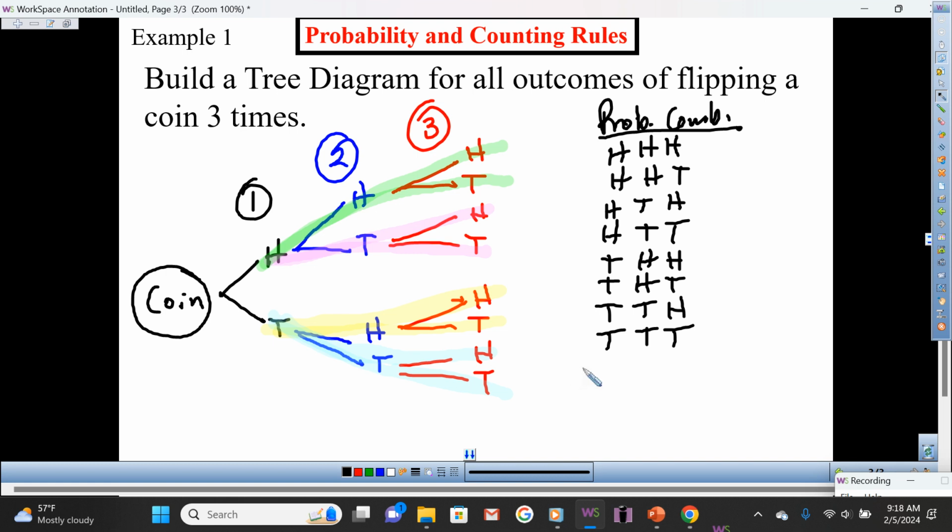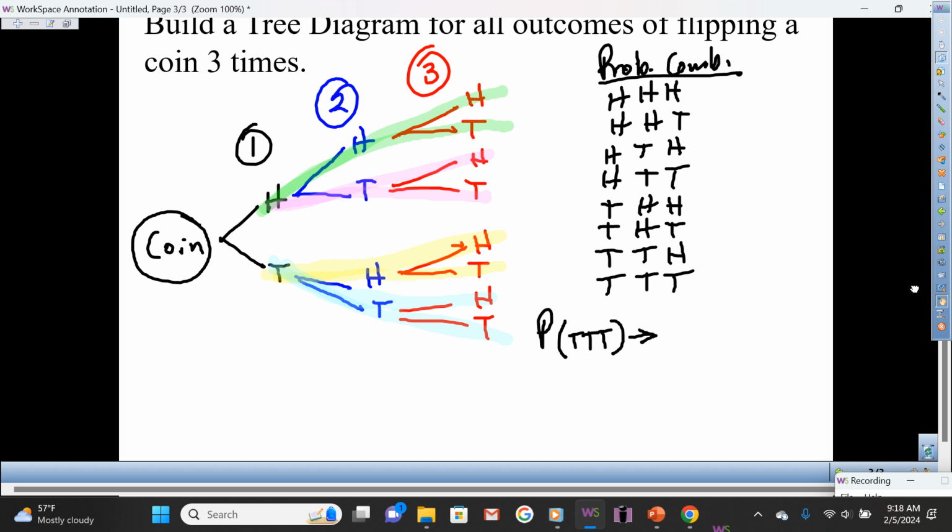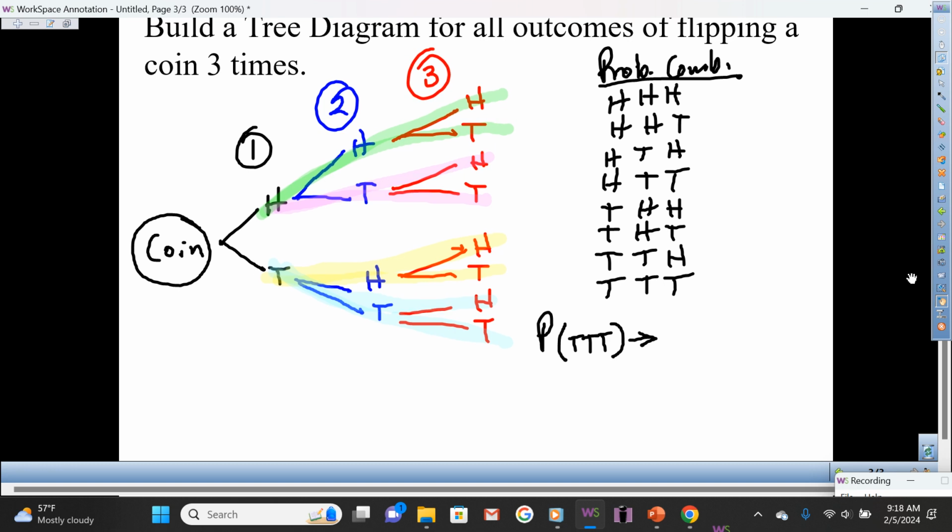So if I was to ask you, what are the odds or what is the probability of tossing 3 tails? What would you say?